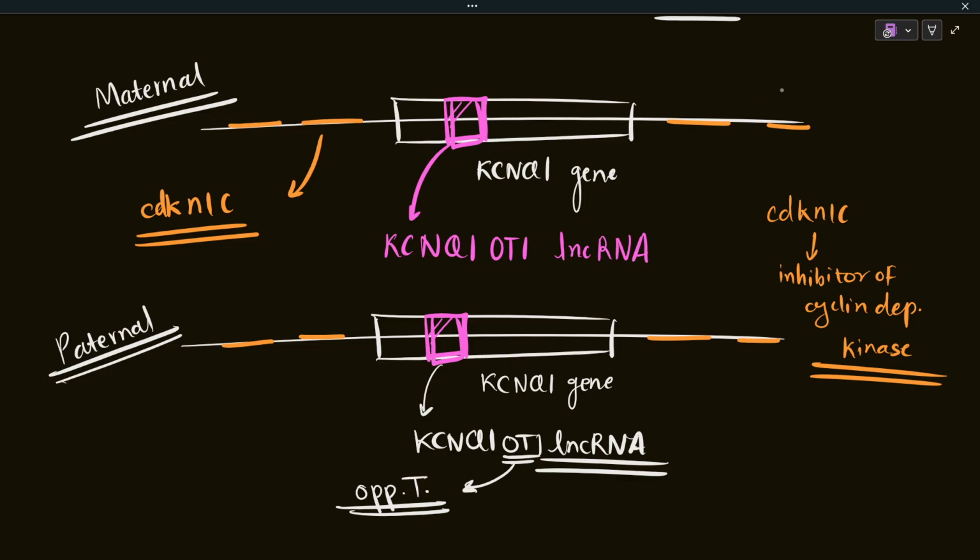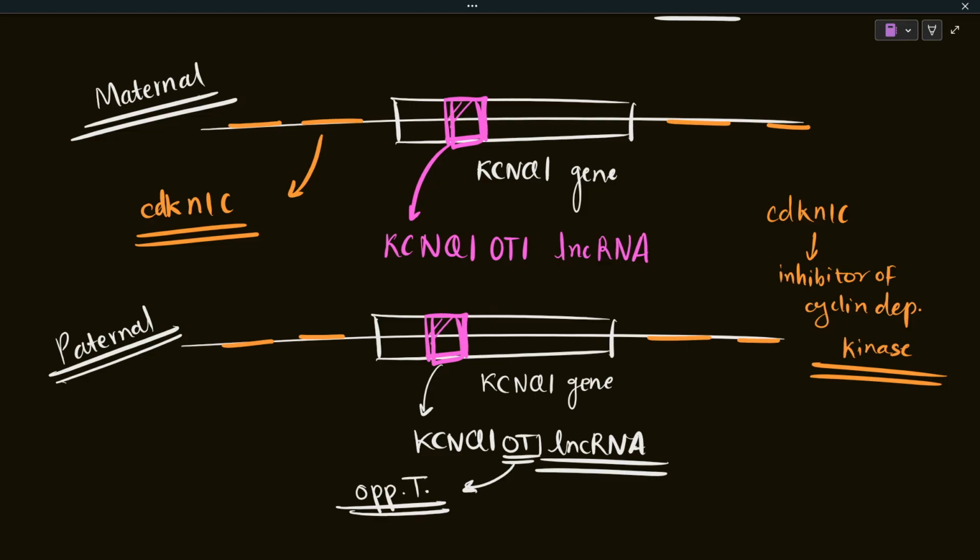The KCNQ1 locus is maternally imprinted. I told you before that if it is a maternally imprinted region, then the maternal differentially methylated region will be methylated.